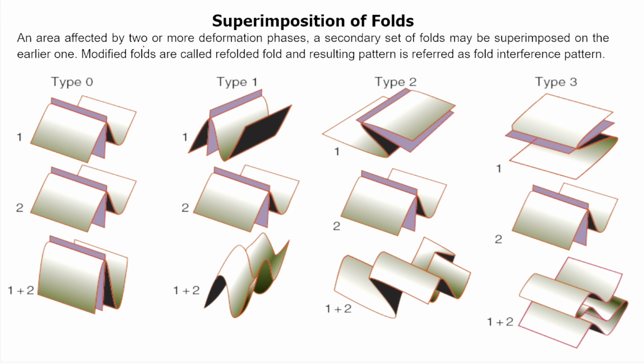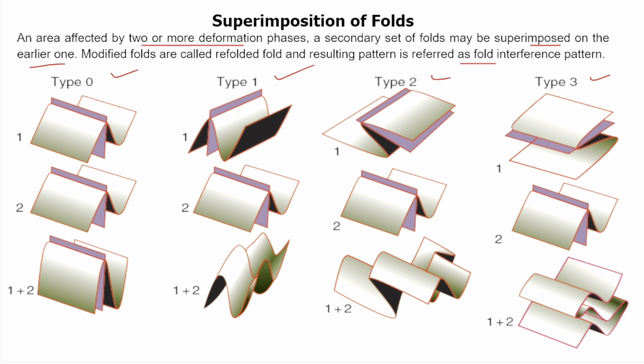When an area has more than two deformation phases, a second set of folds may be superimposed on the earlier one. The modification or refolding is called superimposed folding or interference pattern. This is type 0, type 1, type 2, type 3.